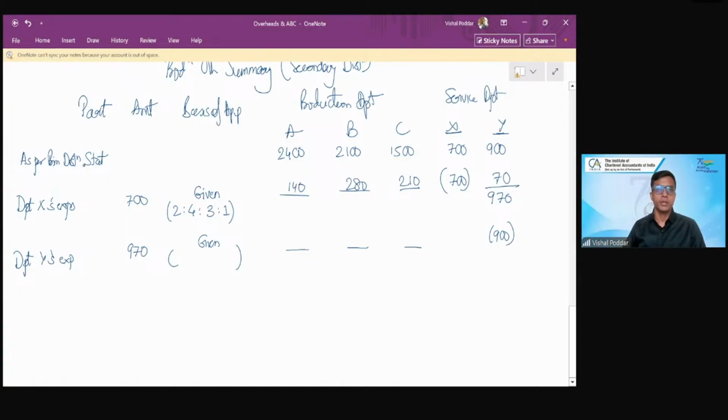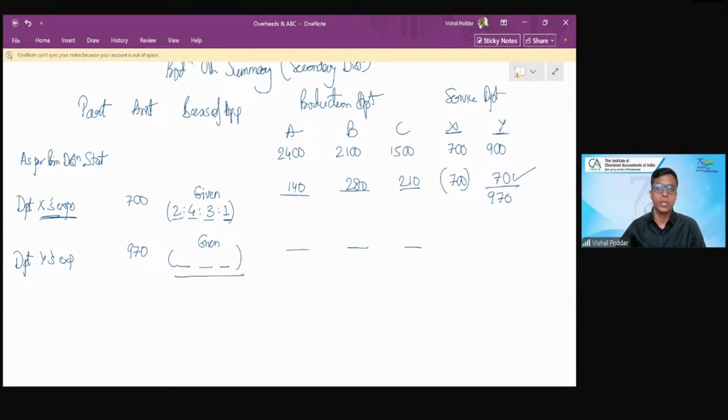Now, had this been the step ladder approach, what would have happened? They would have given X department giving services to A, B, C, and Y. But when they are giving the ratio of Y, they would have given only A, B, C, and not X, had it been the step ladder approach. In that case, my first step is the same.